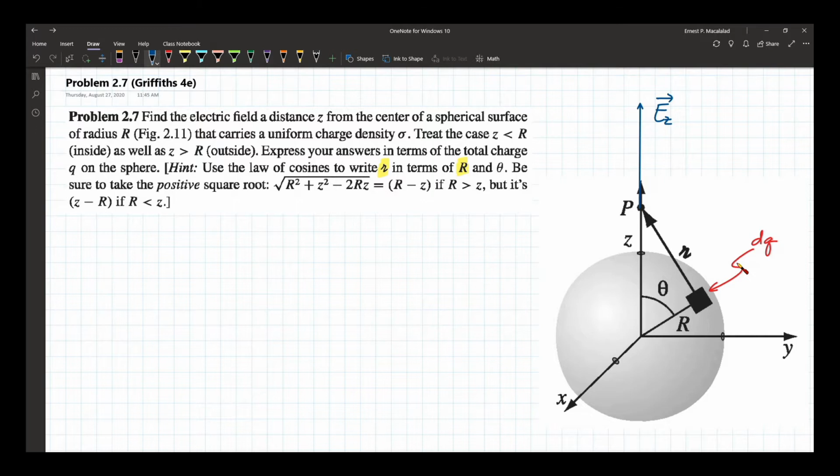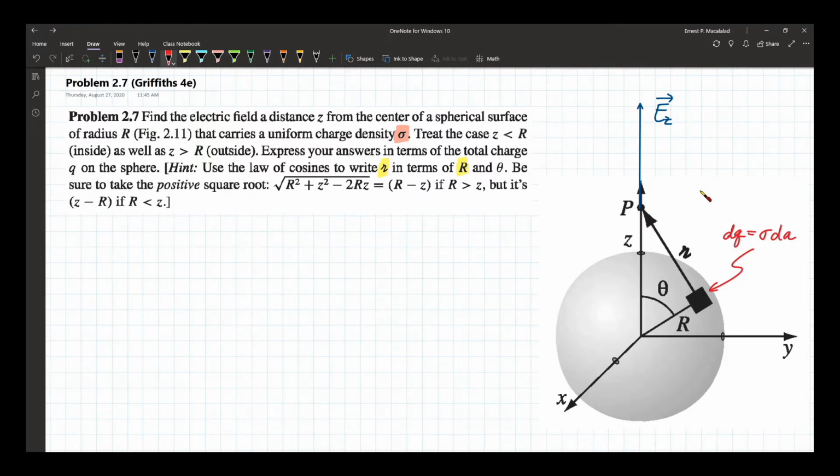Now, dq on the other hand, because we're looking at a spherical surface, the net charge of this object resides on the surface. So that's why we're going to consider the charge density sigma. And from here, we can express dq to be sigma times dA.